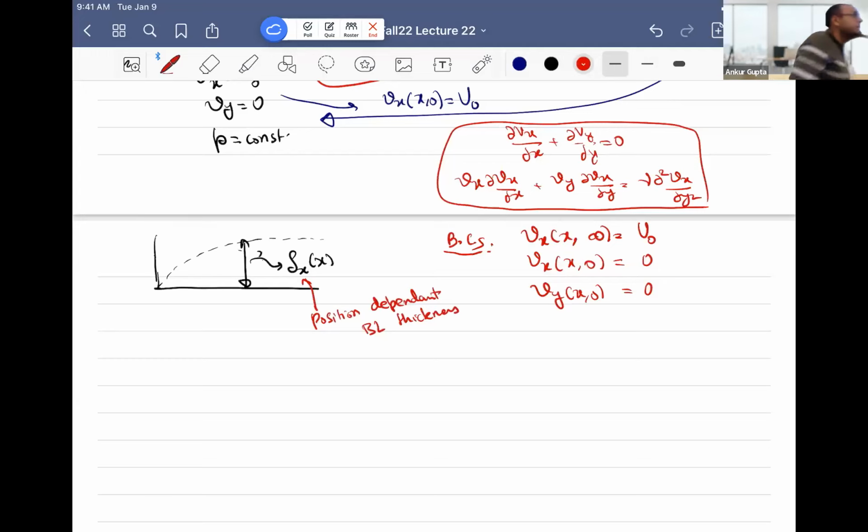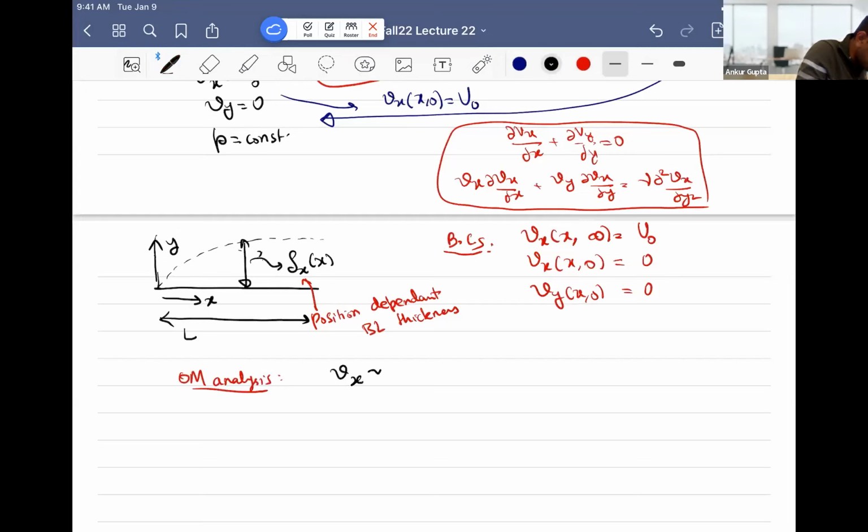Okay. Delta x. And again, obviously, we have this x here, this y here. The full length is L. All right. So now I want to do the boundary layer analysis, the order of magnitude analysis, OM analysis. And the difference here is, and I will let you do this in a bit, but I just want to mention this. You'll all agree that Vx is U naught, right?